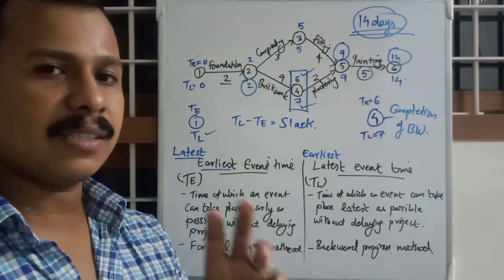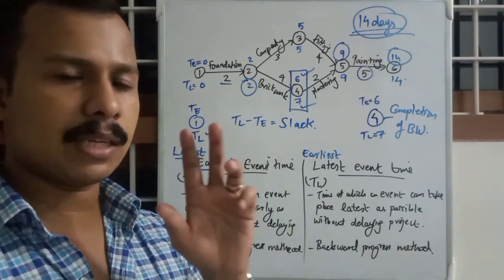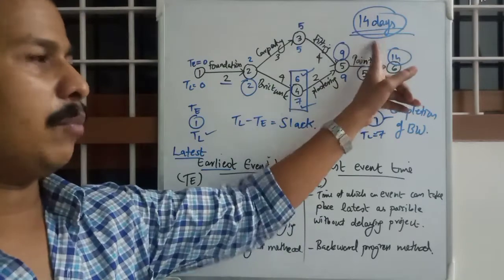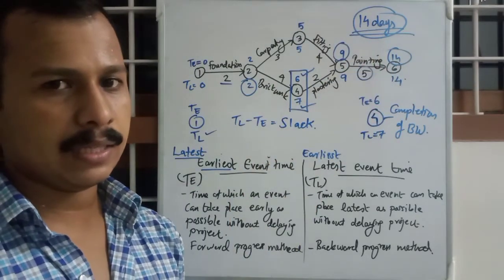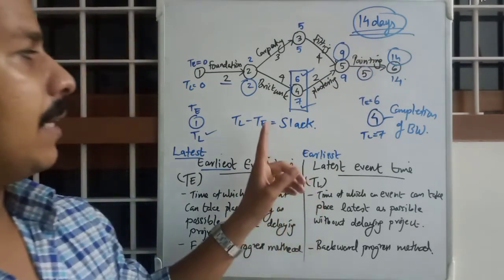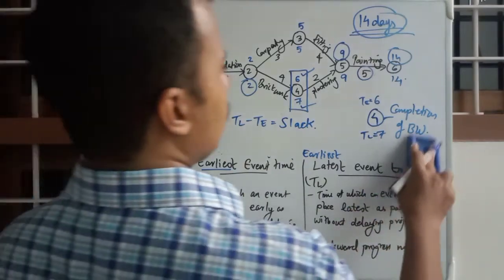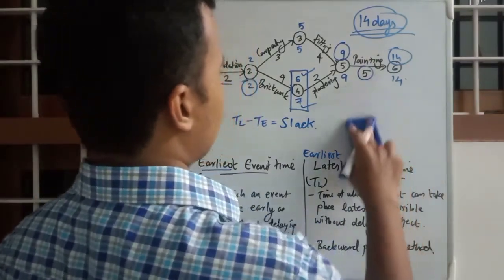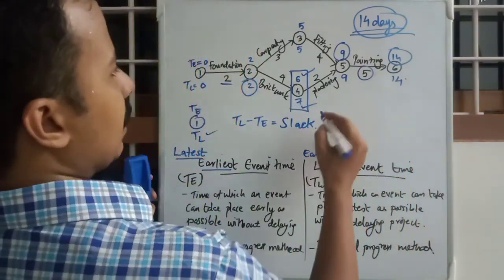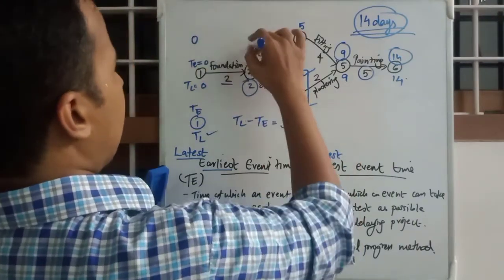With that difference, there will be no change in the total project time. I hope you get that. And that is slack, and all the other events except 4 have 0 slack.